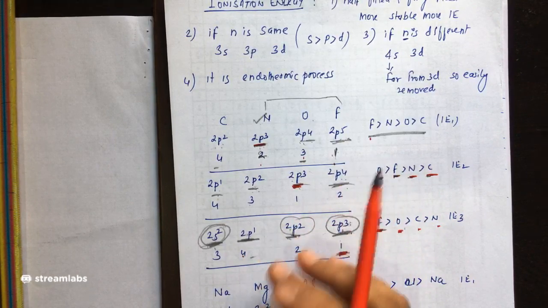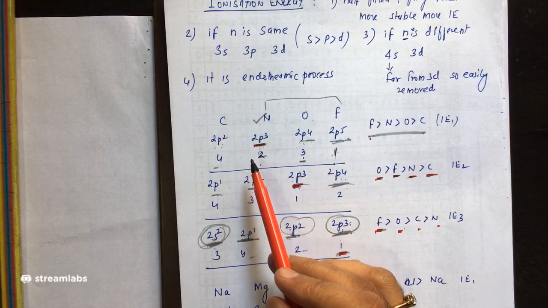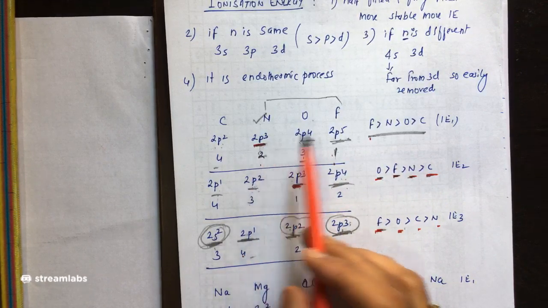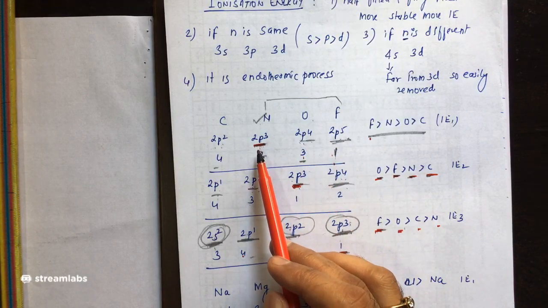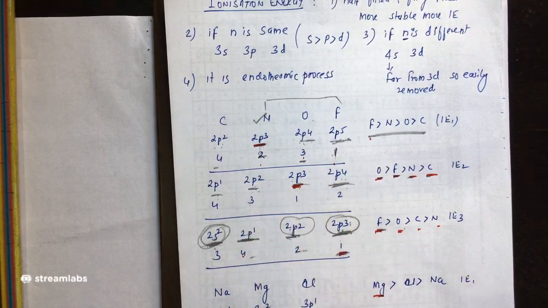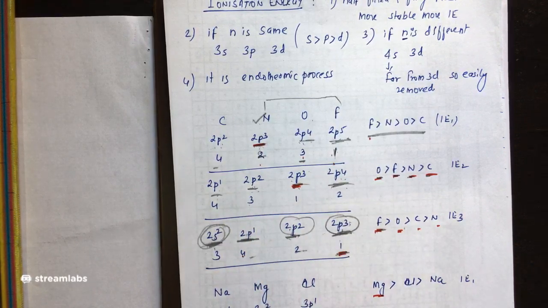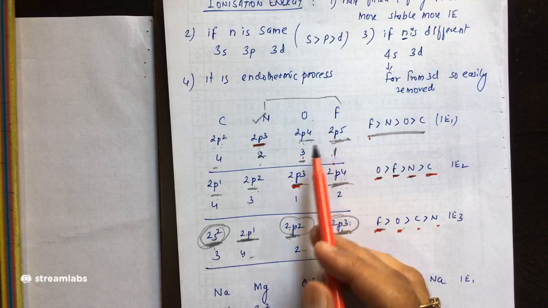Whenever it is a comparison of next to next, the size factor comes into action. Nitrogen is half-filled, but that half-filled stability cannot proceed till fluorine, because the size of fluorine also decreases, and so more energy will be required.